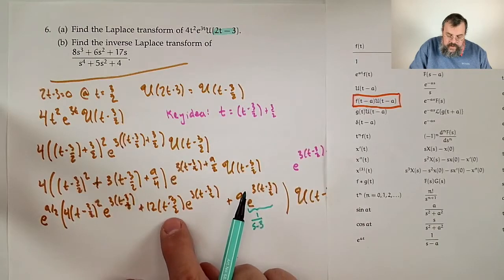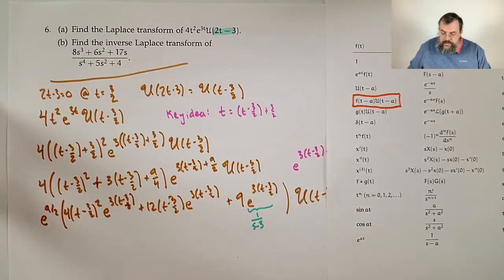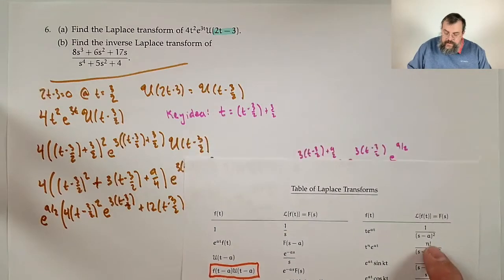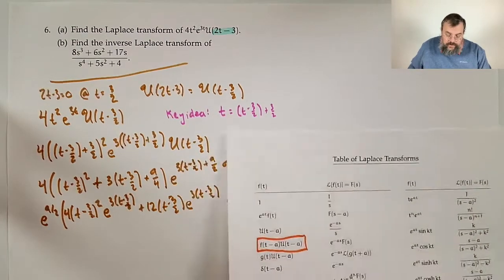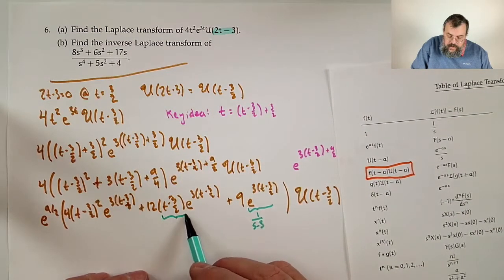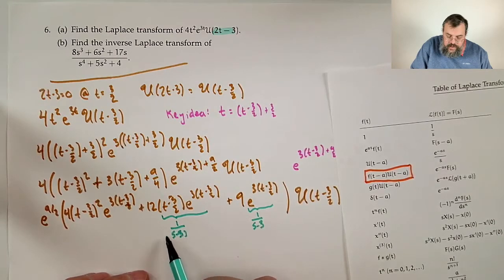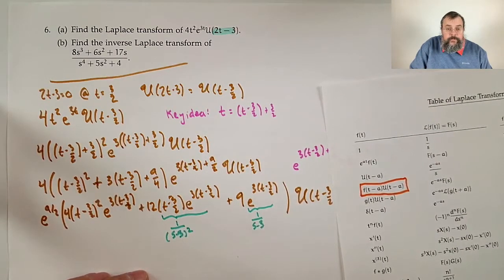What about te to the 3t? Again, the 3/2 is just the shift. Well, that's on here as well. So we would have that this part would normally go to 1 over s minus 3 squared.